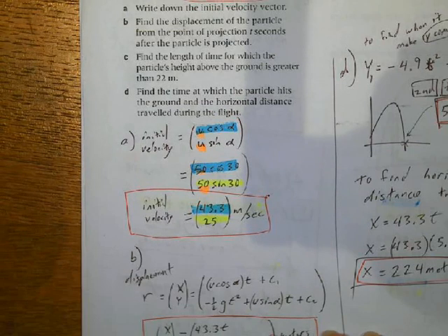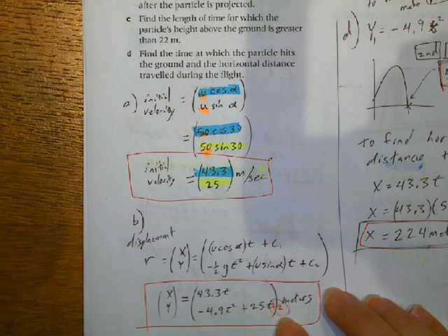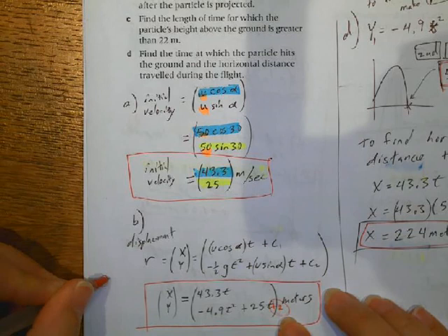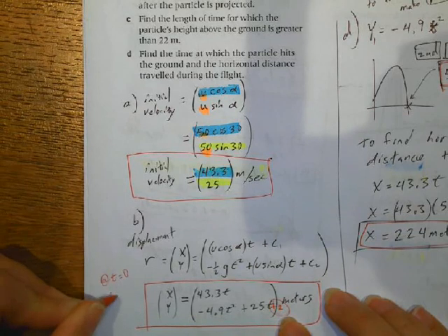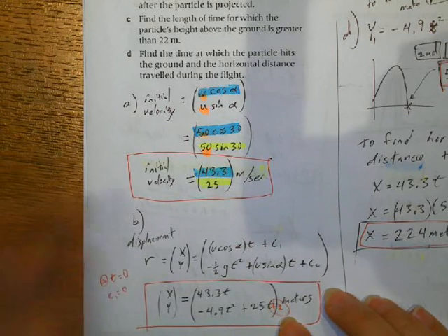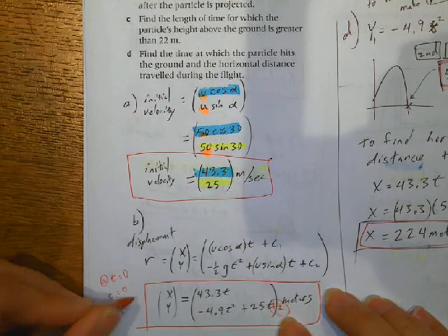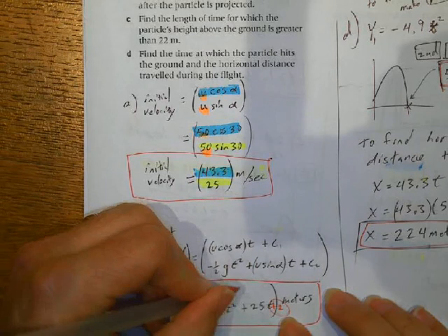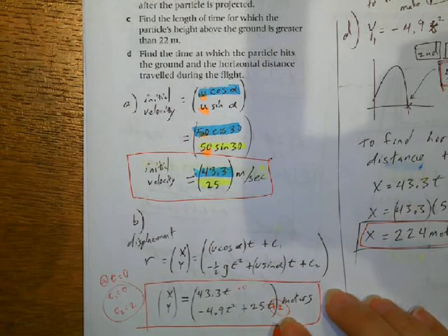Okay, we should put plus 2 here, because at t equals 0, c1 is 0. There's no horizontal movement, and the vertical movement is, we start off at 2. So plus 0 and plus 2. Okay, so this is my displacement vector.